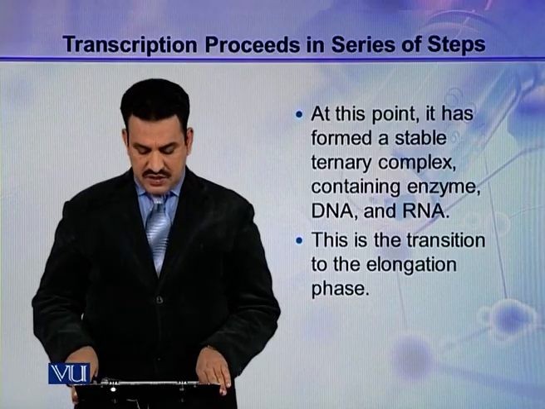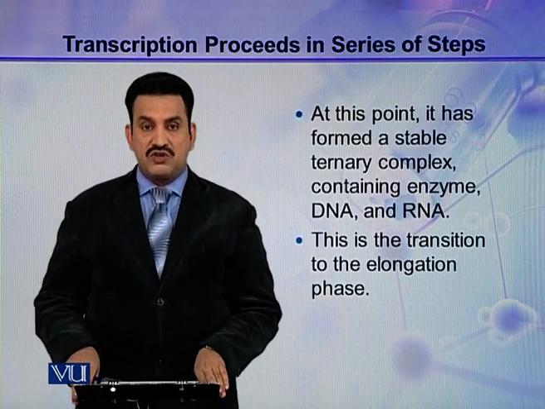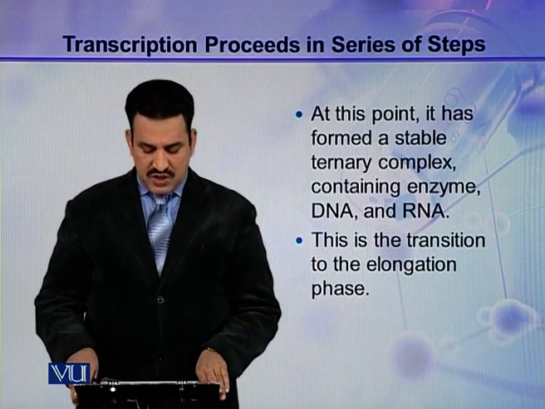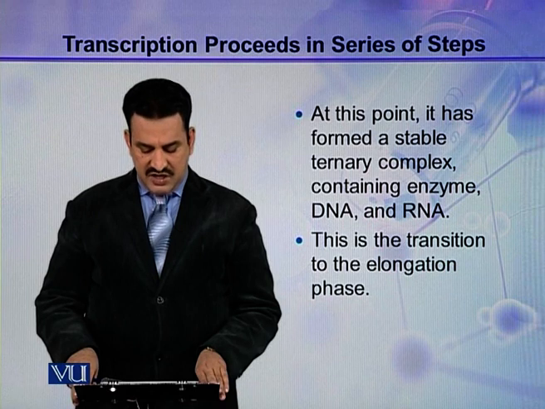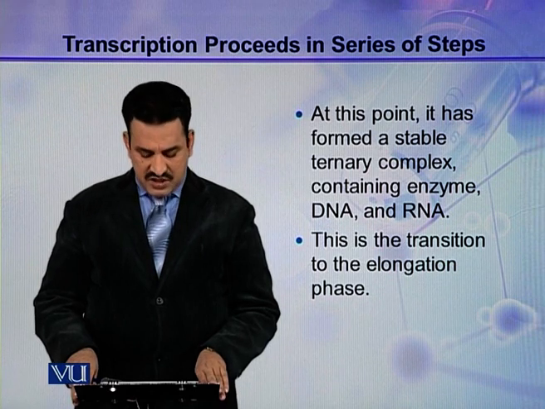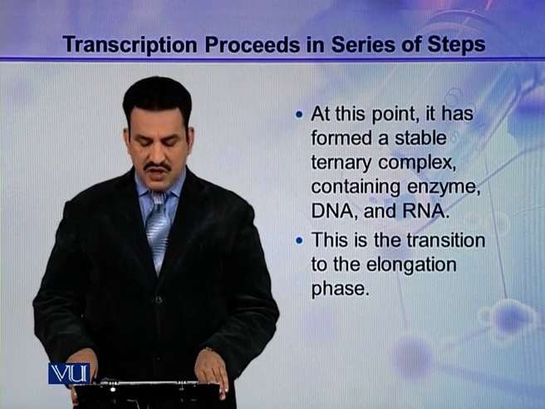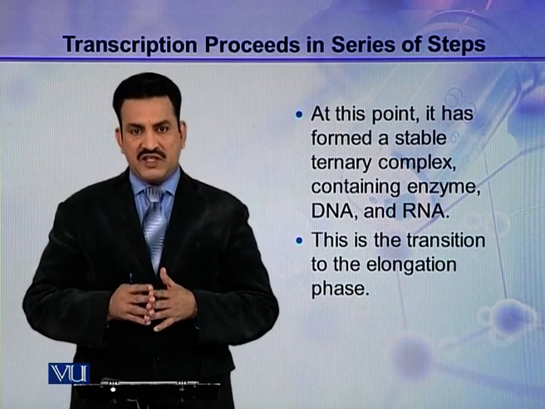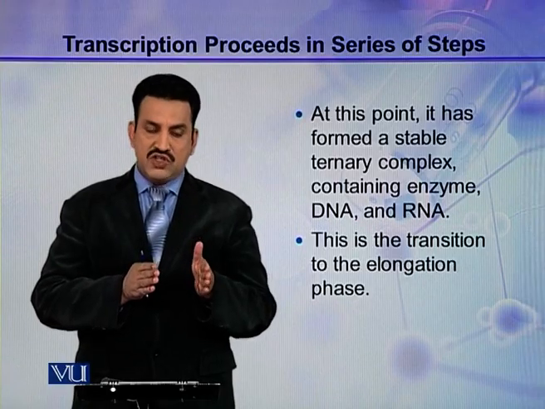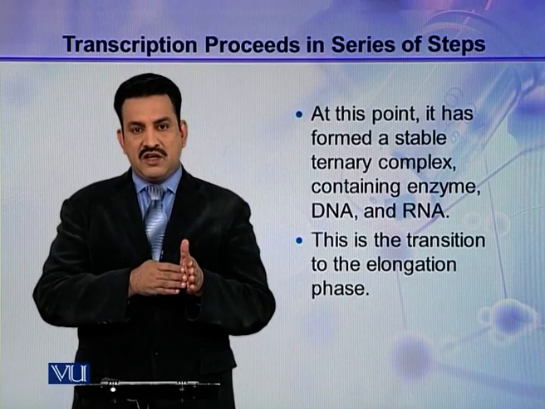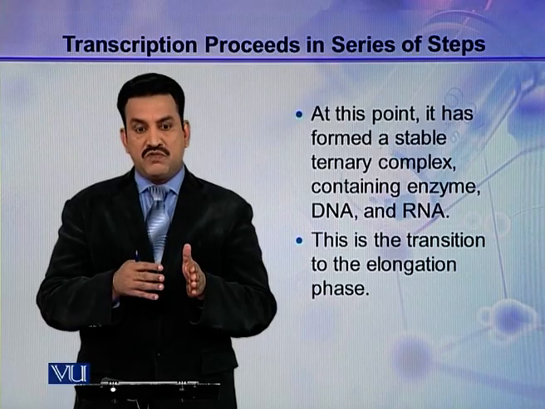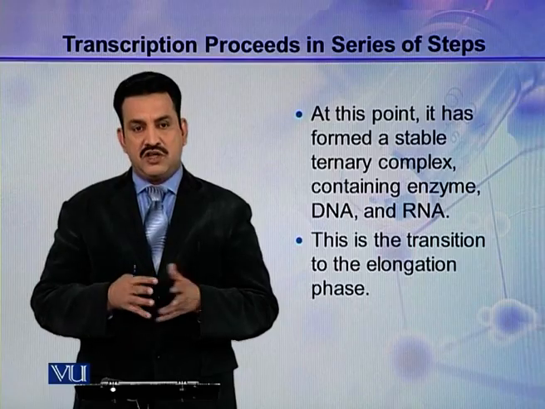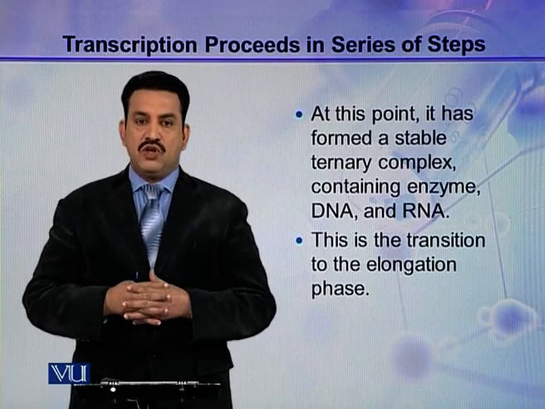At this point, it has formed a stable ternary complex, and this ternary complex includes enzyme, DNA, and RNA. This is the transition to the elongation phase. So the formation of this ternary complex is the end of the initiation phase, and then as the actual transcription starts from here, it enters the elongation phase.